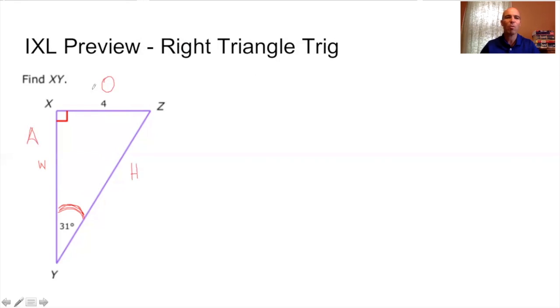Which one has O and A? It is the tangent, opposite over adjacent. So the tangent of 31 degrees is equal to the opposite, which is 4, over the adjacent, which is W.